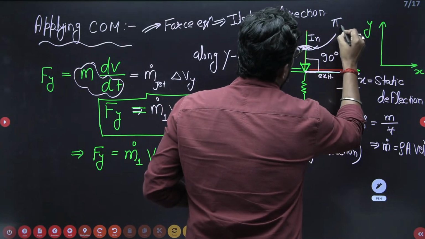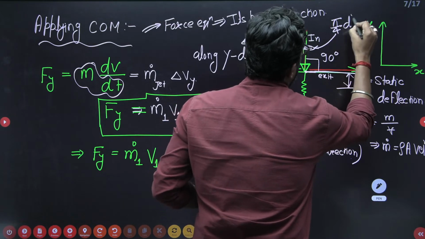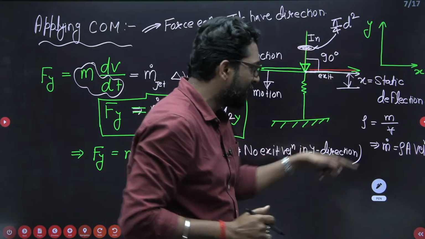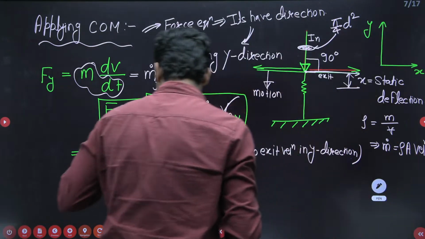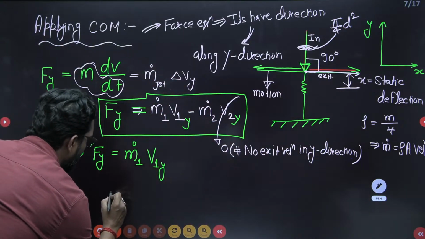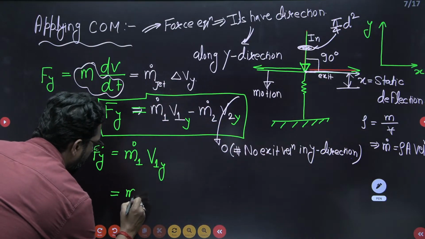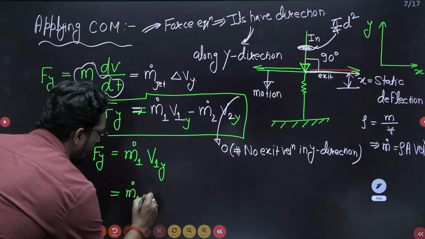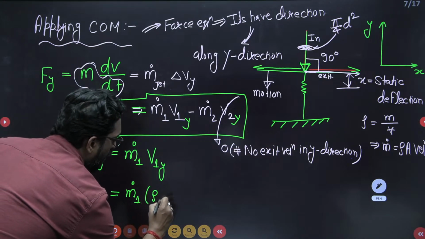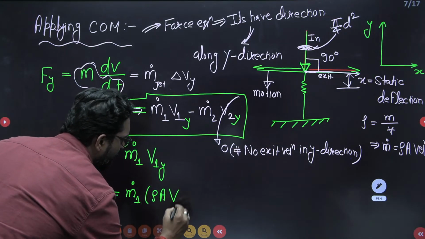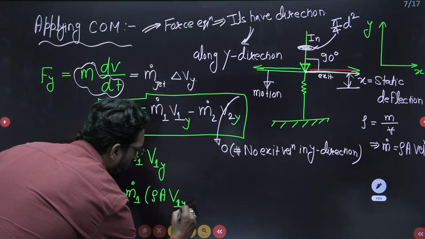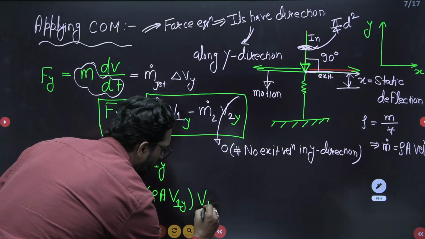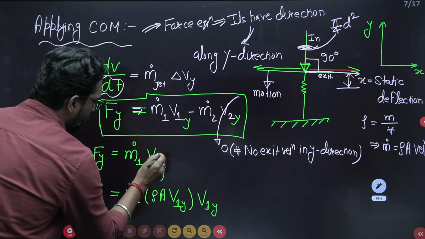Pi by 4 d square. This is the velocity at inlet. So you have all these things: m dot inlet is rho A times velocity at inlet in y direction, v1y.